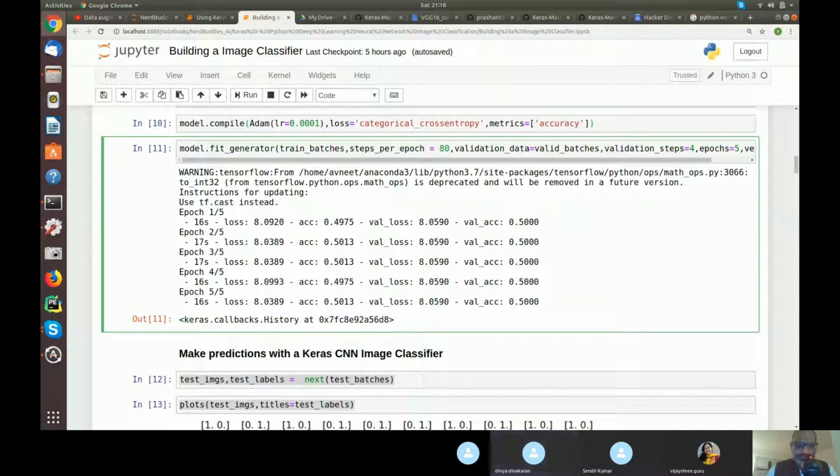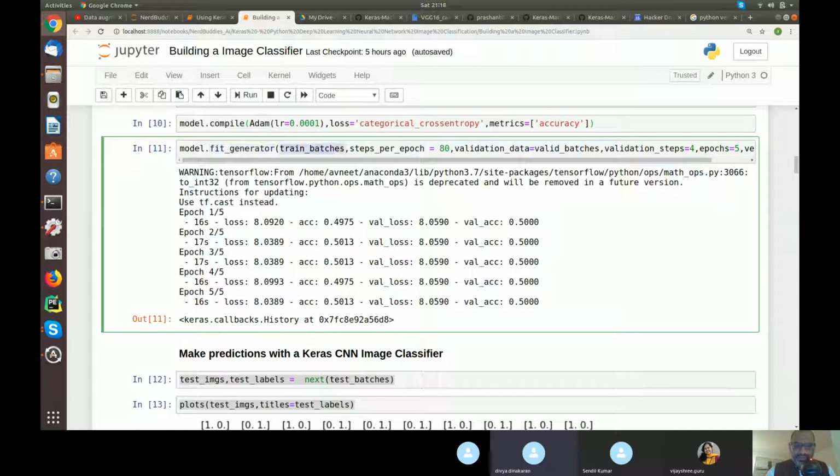And the third step, so last time we had used the function fit. We said model.fit. In this case, we're using fit_generator. That is because the data sets are essentially images, and it's going to pick random images from the folders. So it's a different function for that.